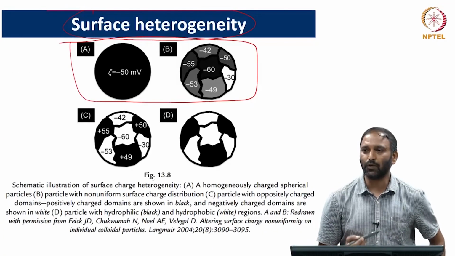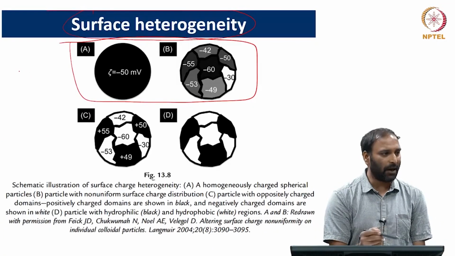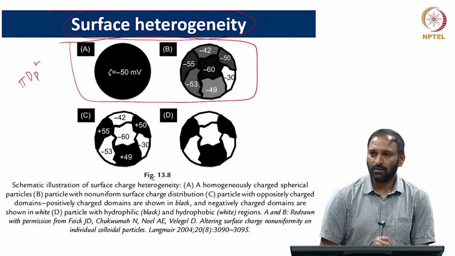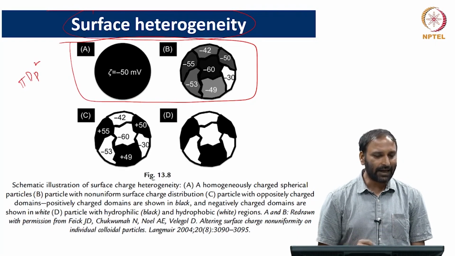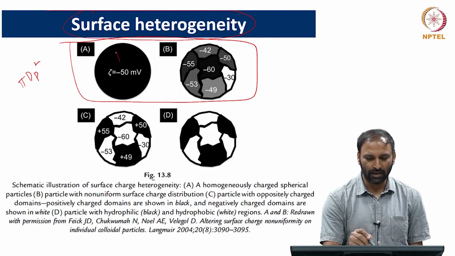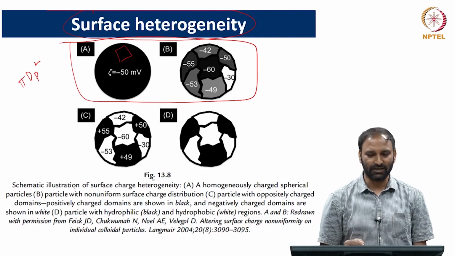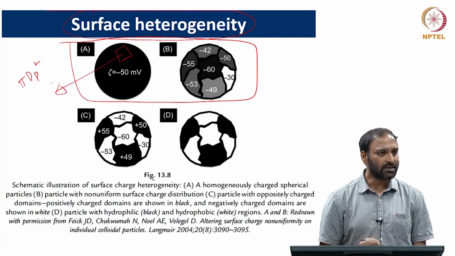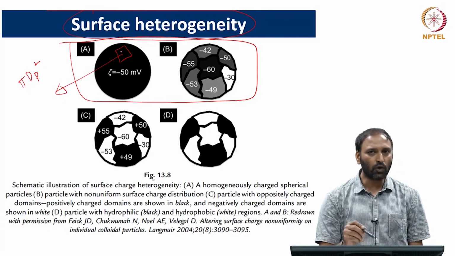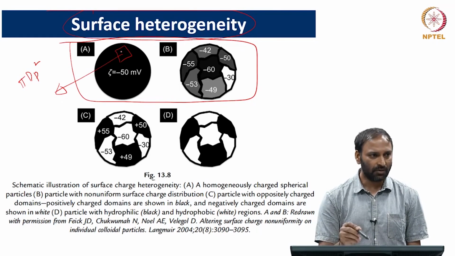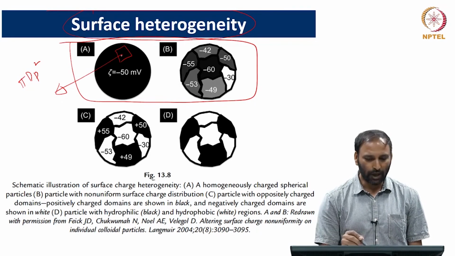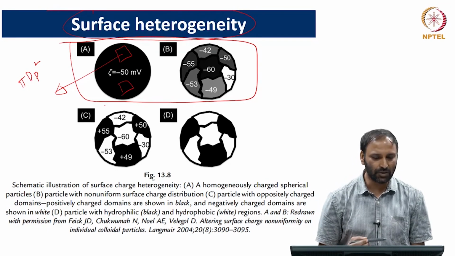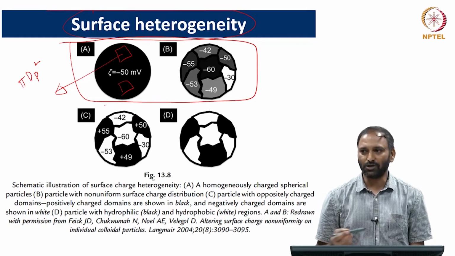I have a particle whose surface area is pi dp square. I can take different regions, a small section on the particle surface, and ask what is the total number of carboxyl groups in that area. I go to a different location, consider the same area again, and ask what is the number of carboxyl groups.